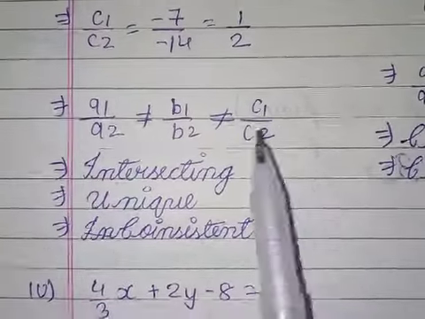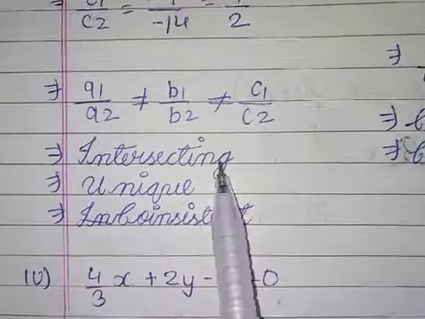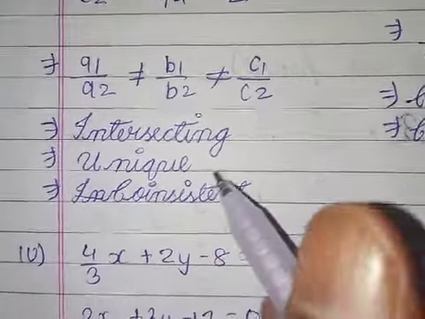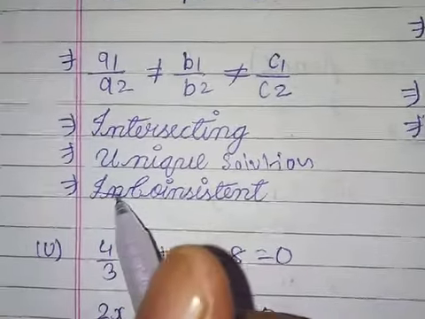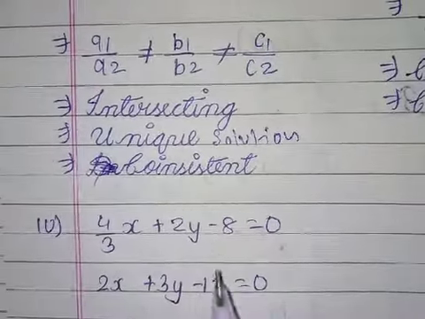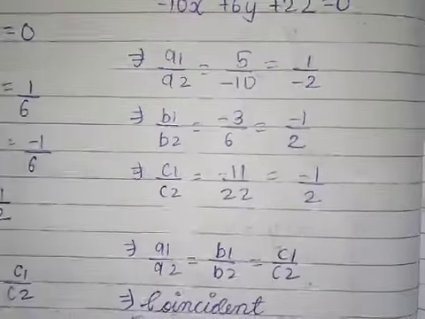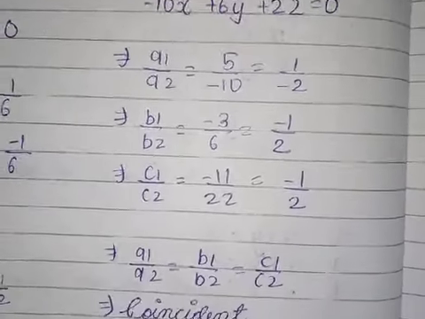All three are not equal, so they are intersecting and have a unique solution, and it is consistent. Coinciding is inconsistent.